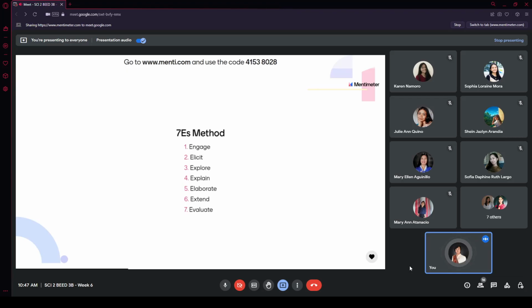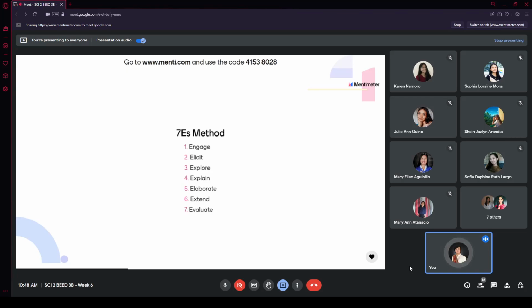And usually value integration is one of the more difficult parts in designing science lessons. Even I myself had difficulty in writing affective objectives in science, right? Because science topics are usually as is, right? They're quite explicit.